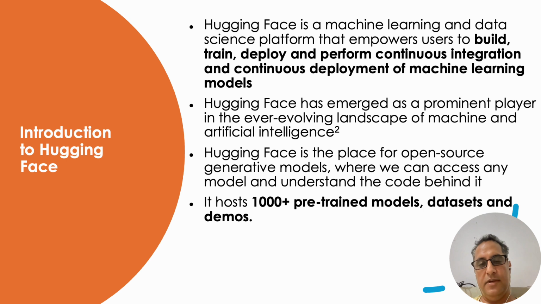Hugging Face is a machine learning platform where you can deploy your applications and machine learning models, and you can also get models. There are a lot of communities uploading their models, like Llama or OpenAI, all the big players and all the small players.